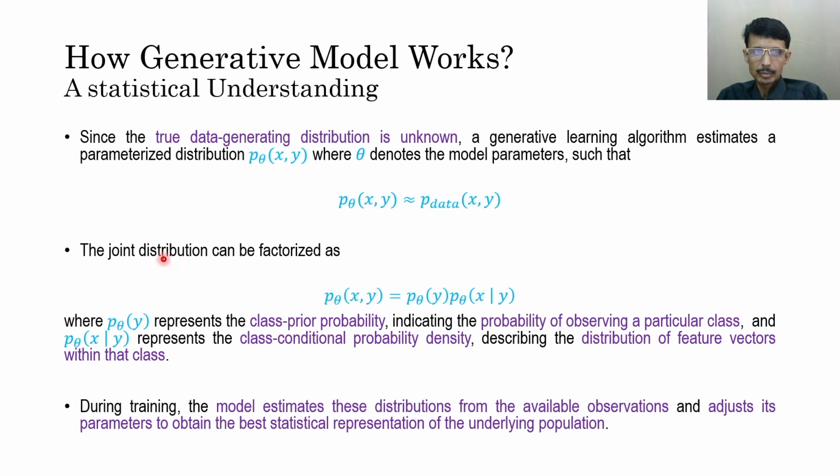This joint probability distribution can be factorized in this way: p theta (y) into p theta (x given y), where p theta (y) is the class prior probability and p (x given y) is the probability of observing a particular class. That's called the class conditional probability density.